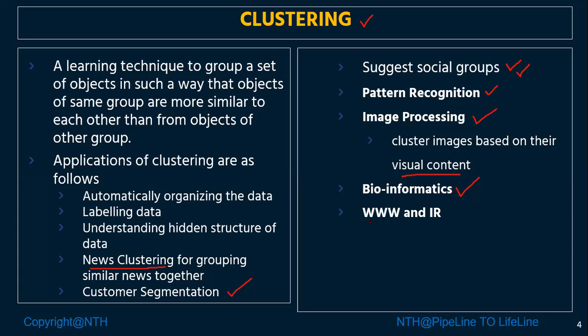Obviously, I told you about the World Wide Web and Information Retrieval Systems. Google, probably the internet, would use the clustering approach completely wherever there is a classification of your information.